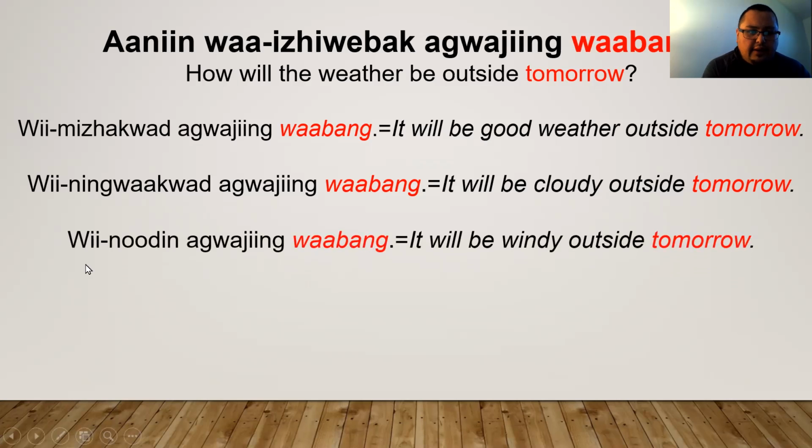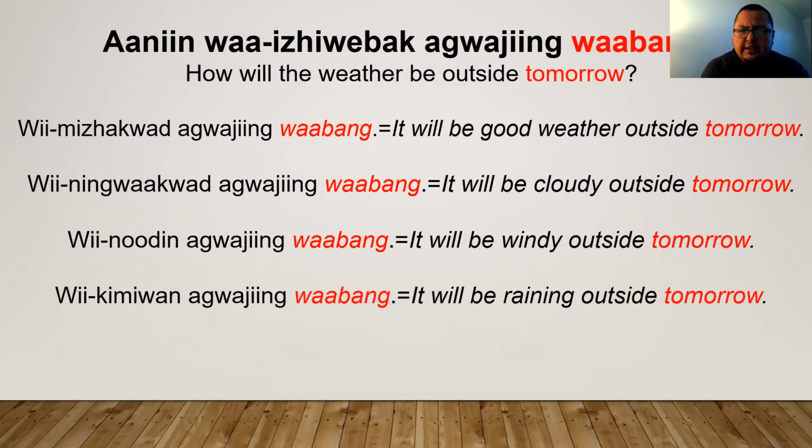Okay, our next one, we nudin agwajiing wabang. It will be windy outside tomorrow. And again, we don't know that. You can say gonna budge we nudin agwajiing wabang. Perhaps it will be windy outside tomorrow.